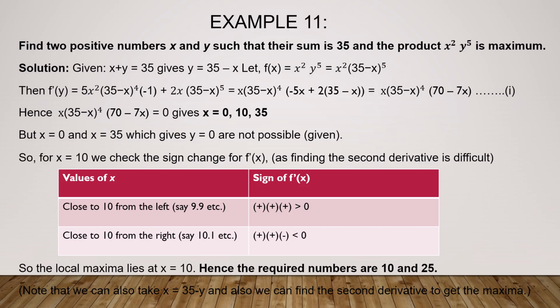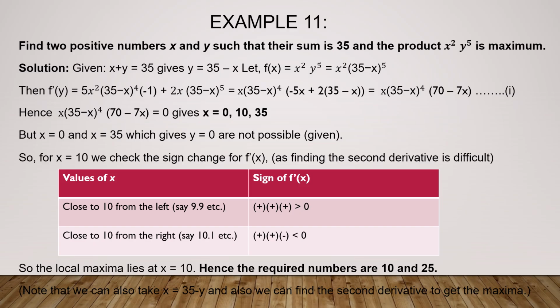First of all, keep one function as it is, take the derivative of the second function, plus the second function as it is into the derivative of the first function. You know this rule for multiplication of functions, how to find the derivative. So when you simplify it, you get the first derivative as x into 35 minus x whole raised to 4 into 70 minus 7x. Take care for the simplification.